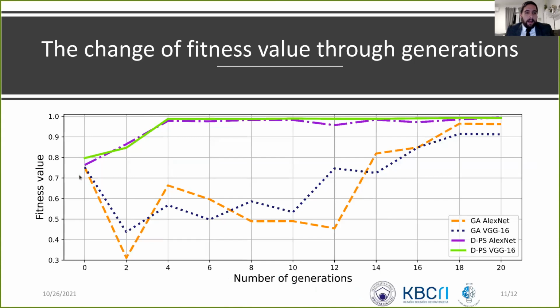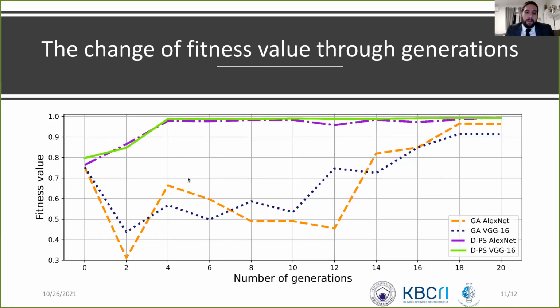On the last slide, we can see that by using discrete particle swarm, a high fitness value that incorporates the generalization and classification performances is achieved after only 4 generations, while if the genetic algorithm is used, a little bit lower values are achieved after 18 generations.